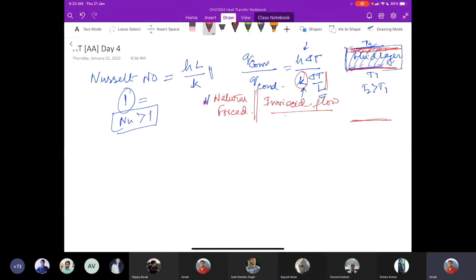That's an approximation. We are applying that to the fluid. And now if this fluid is not moving at all, then the same heat transfer is happening by conduction. The same mode of heat transfer prevails here.